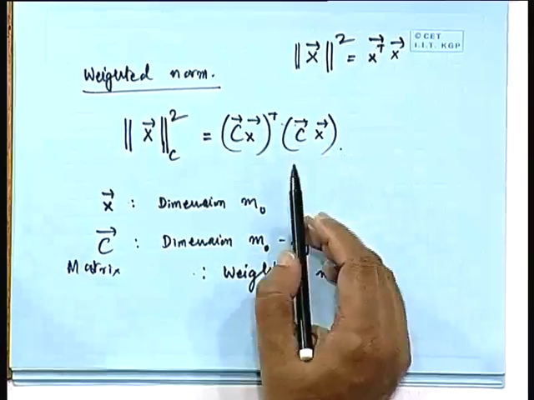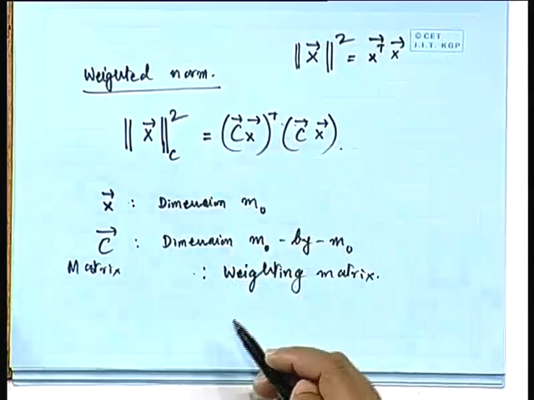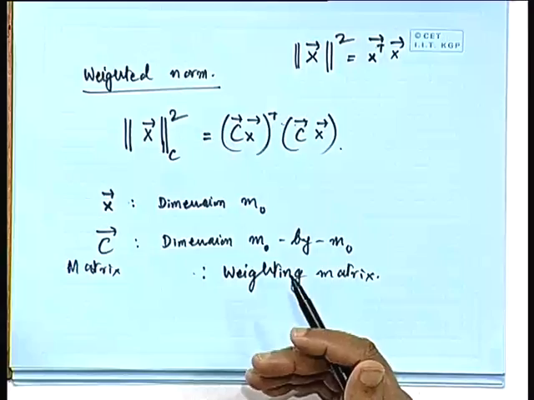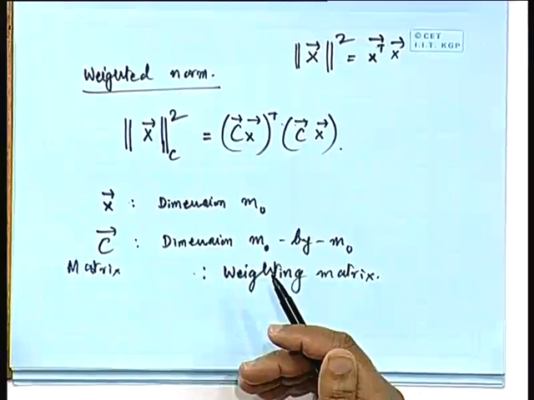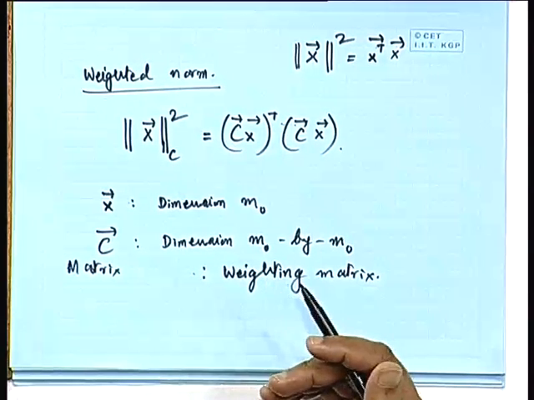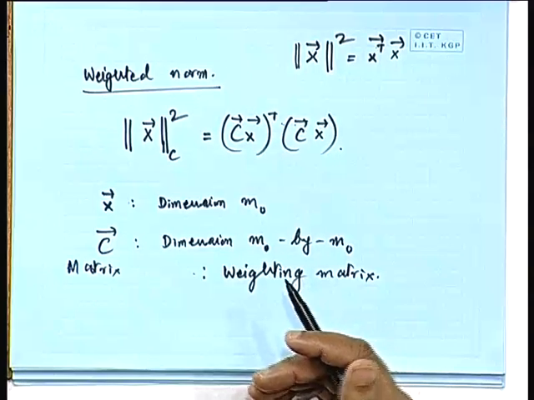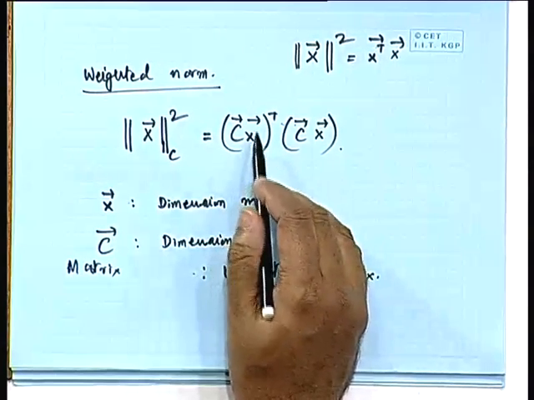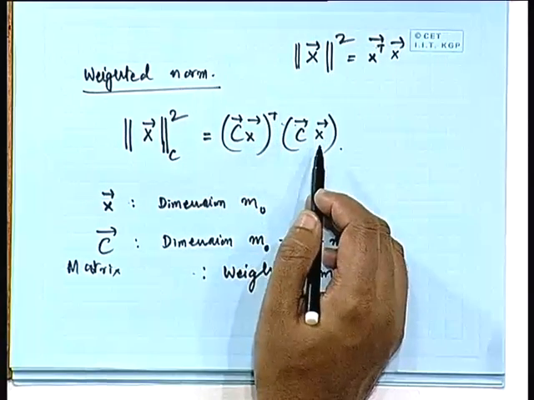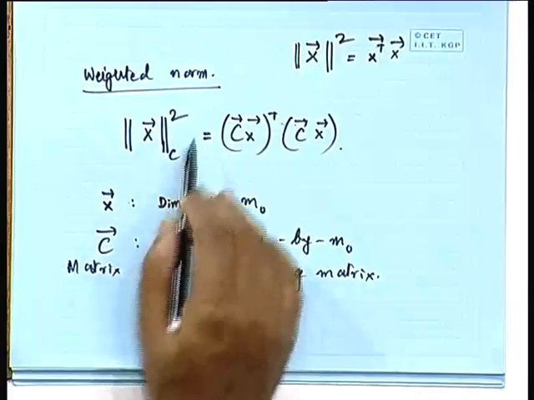It is only that x is modified by application of this C. Dimensionally it remains the same, because x is of dimension m0 and C is of dimension m0 by m0, so Cx also becomes a vector of dimension m0. And this is an m0 vector transposed multiplied by an m0 vector, so this again gives us a scalar quantity.